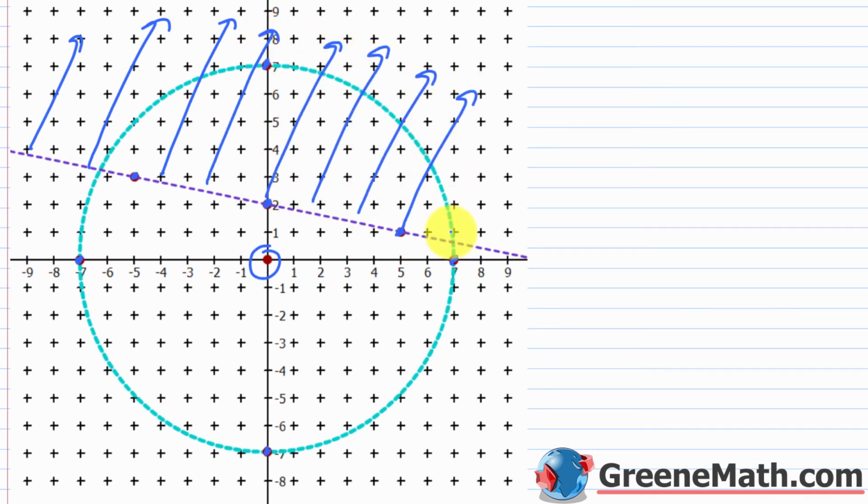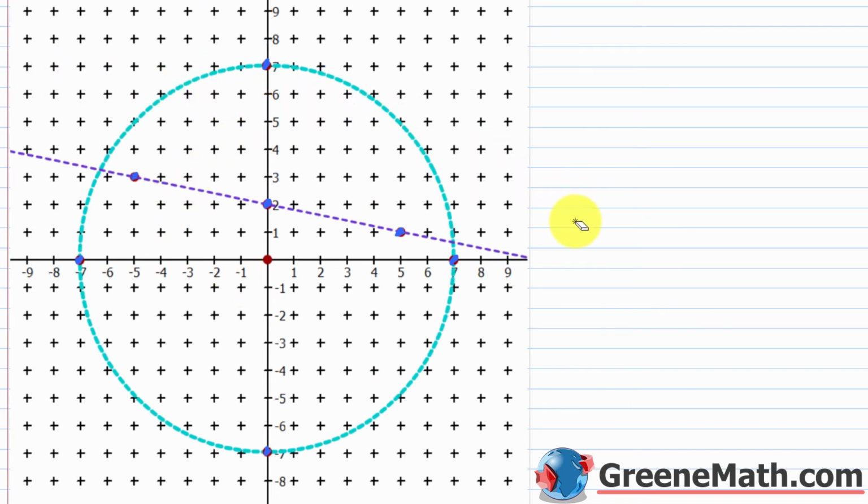We need the overlap of the two graphs. With inequality 1, it was anything inside of the circle. With inequality 2, it's anything above the line. So essentially, the overlap of the two graphs, or the area of the coordinate plane that satisfies both, would be anything above the line that is inside of the circle. So this section right here.